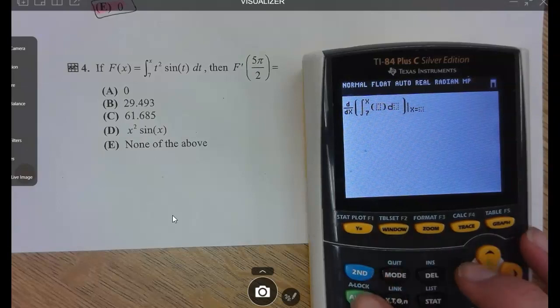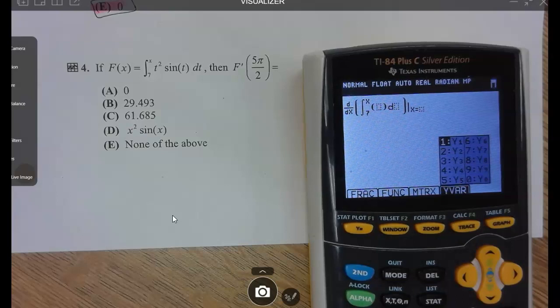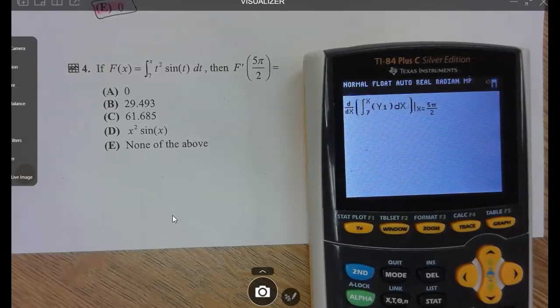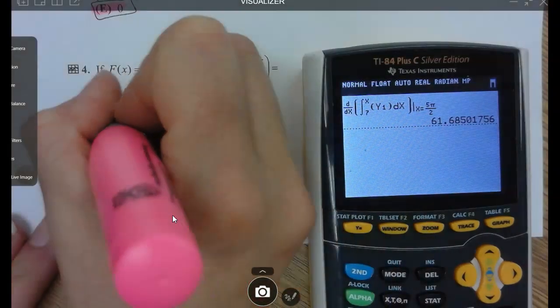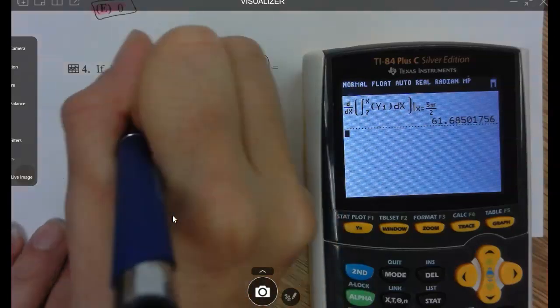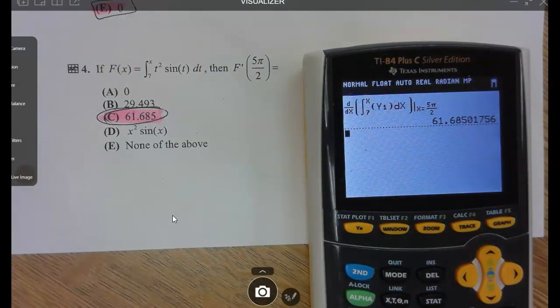Then the new trick I taught you: hit alpha trace, and you can insert y1 from dx to x equals, and this is where you put in 5 pi over 2. And we get 61.685.